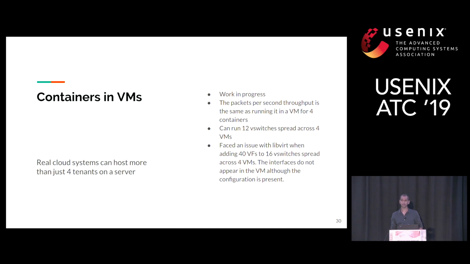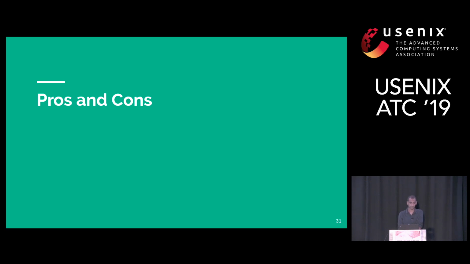There seems to be some issue with QEMU and attaching more than 36 VFs to VMs. We were hoping we could run at least 16 vSwitch containers spread across 4 VMs, but there seems to be an issue with that. We still have to evaluate the performance of this.